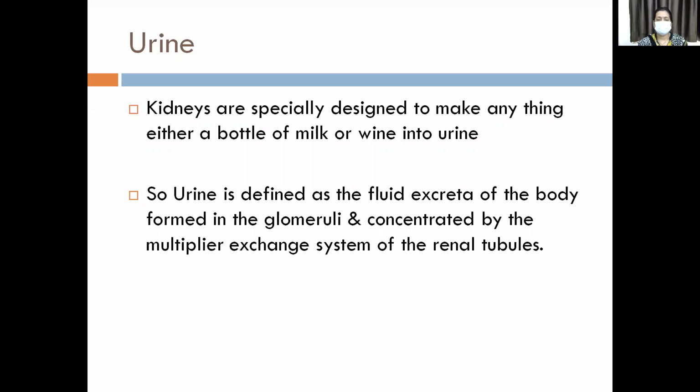So urine is, whatever we take in, either milk, alcohol, whatever you take, there is some amount of water in it, and that is being excreted in the form of urine, right? So kidneys are these specialized organs which are doing that. The urine is defined as a fluid excreta of the body formed in the glomerulus, concentrated by the multiple exchange system.